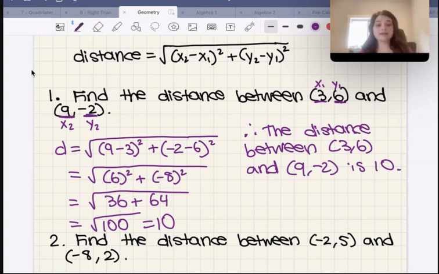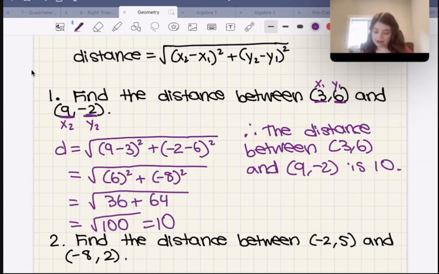Now that said, it won't always work out this nicely. Sometimes we will end up just getting a square root that we'll have to simplify or something like that. But in this case, we got a nice round number. Whenever we are able to simplify a square root further, whether it's because it's a perfect square or because it has a perfect square as one of its factors, then we absolutely should.